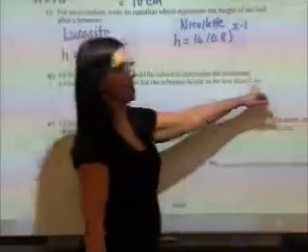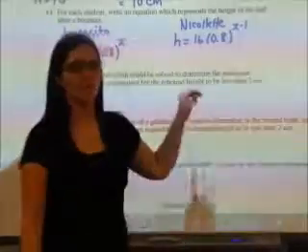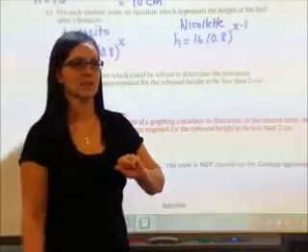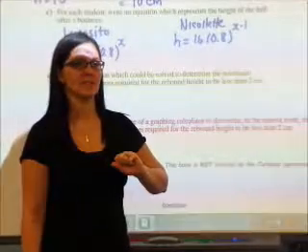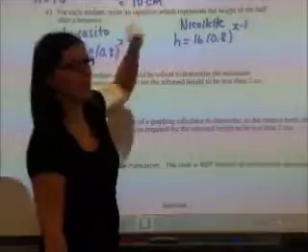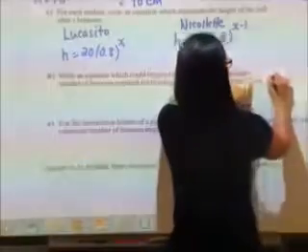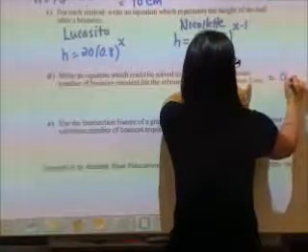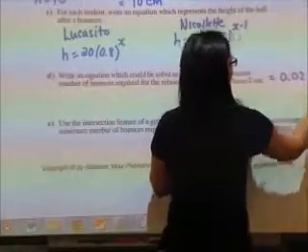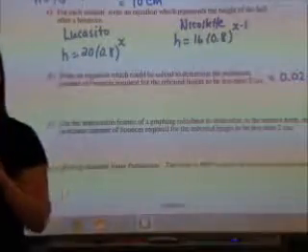So first of all, if I have 2 centimeters, my formula deals in what units? Oh, meters. So I have to convert this into meters, which would be 2/100ths of a meter.